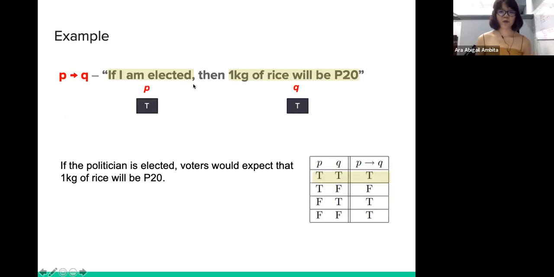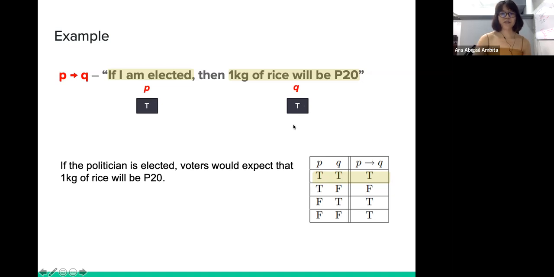Okay, so let's have an example. Suppose we have a statement, if I am elected, then 1 kilogram of rice will be 20 pesos. So we have the P, a politician is elected, and Q, the 1 kilogram of rice will be reduced to 20 pesos. Suppose that the politician is elected, meaning the P will be true. The voters would expect that 1 kilogram of rice will be 20 pesos.